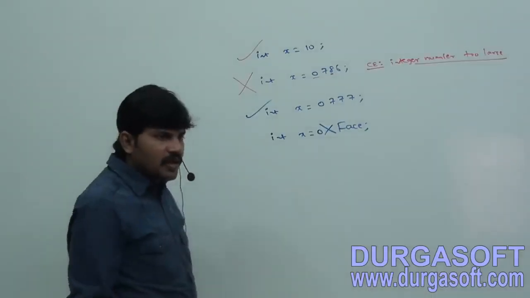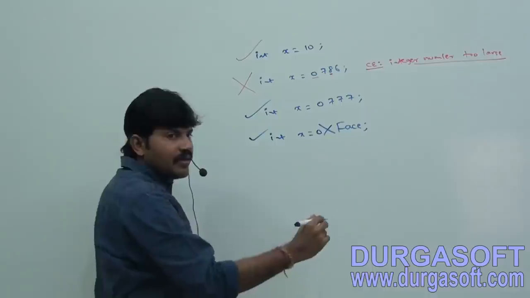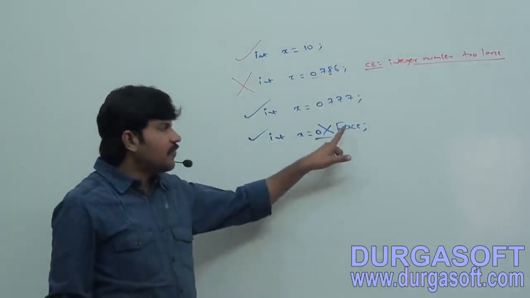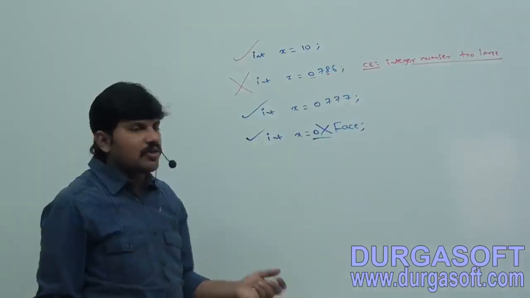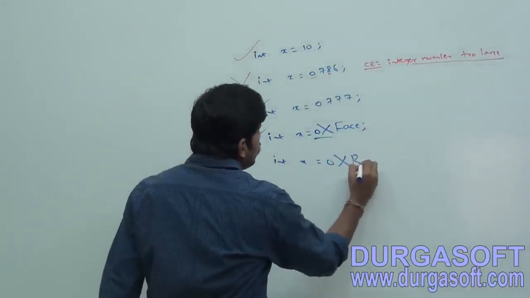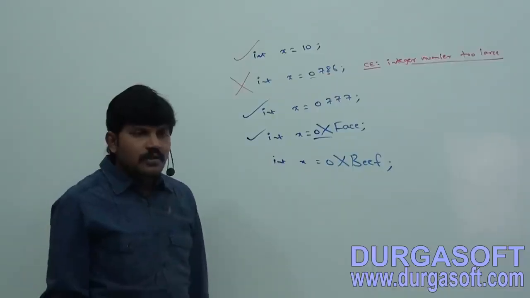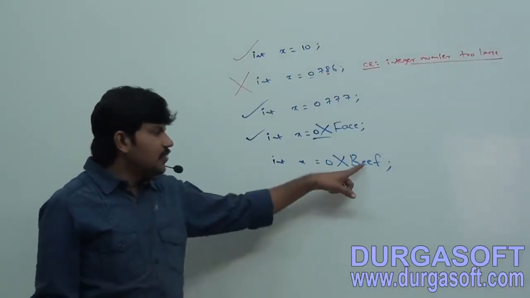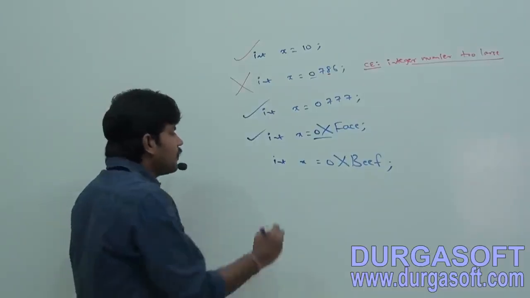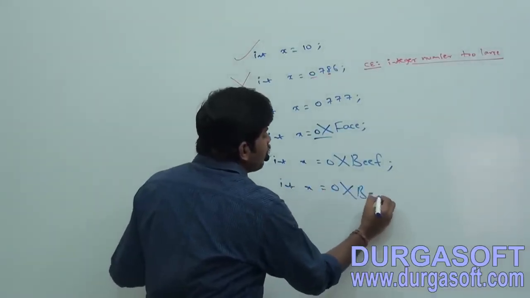Is it a valid combination or not? This one is valid because 0x means hexadecimal. In hexadecimal, FACE is a valid combination, no problem at all. Int x is equal to 0xBEEF. Valid or not? Valid. BEEF is in the A to F range only. What is the problem? Int x is equal to 0xBEER.